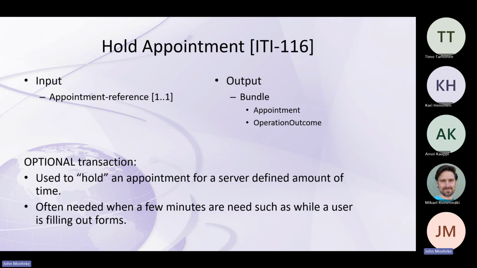If there's some kind of need to hold an appointment, you can request that an appointment is held. So you pass in the appointment reference of the one you want to hold. And out will come either the appointment reference indicated as being held or an operation outcome that says, couldn't be done for whatever reason. The amount of time that the server will hold the appointment is also not defined.